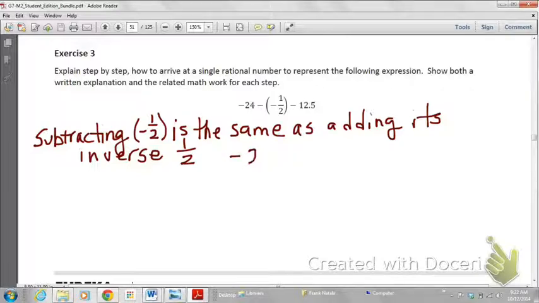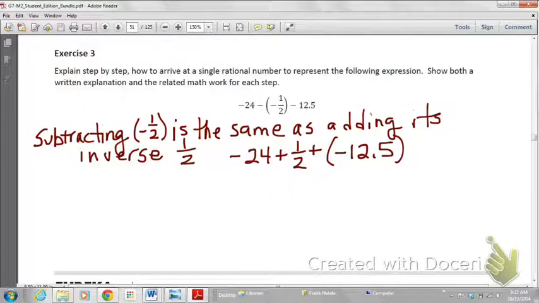Okay, so if I did do that, then my expression would look like this. At this point, it would be negative 24 plus 1/2, because subtracting the negative 1/2 is the same as adding its inverse, which is 1/2, plus, and again I'm changing this up too here at the same time, which is the same exact thing, plus negative 12.5.